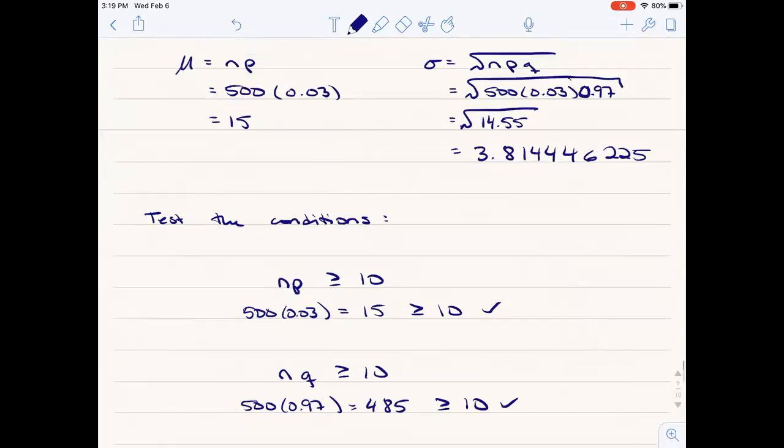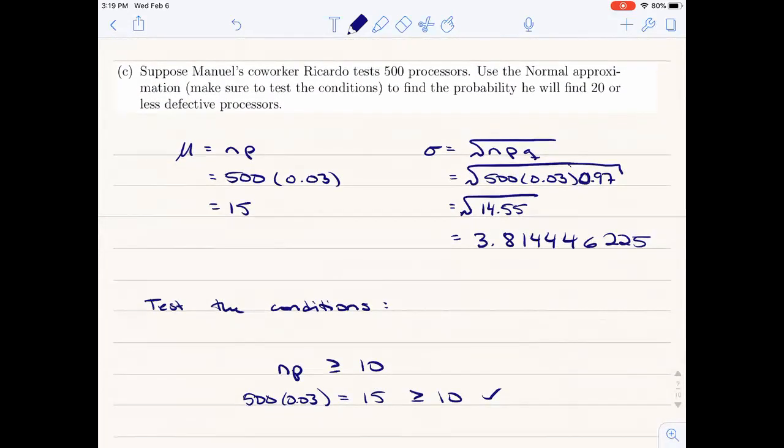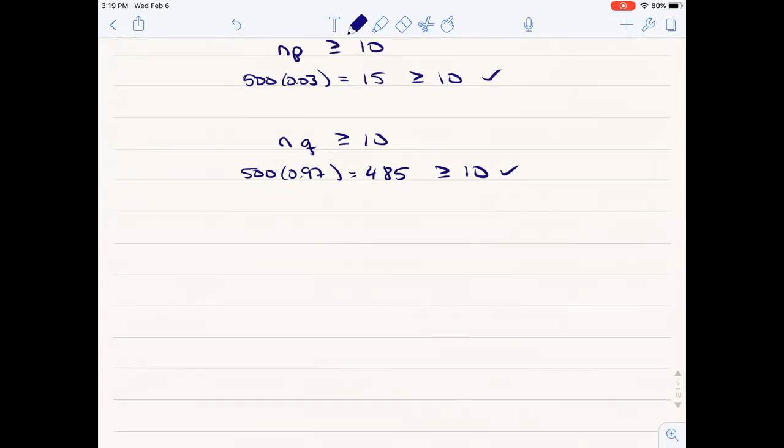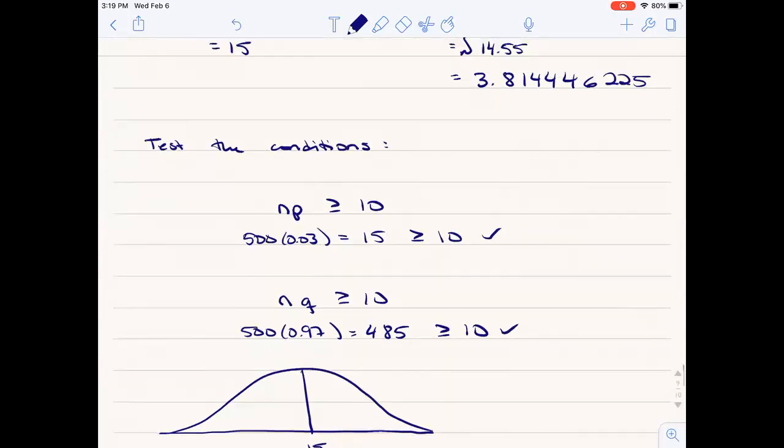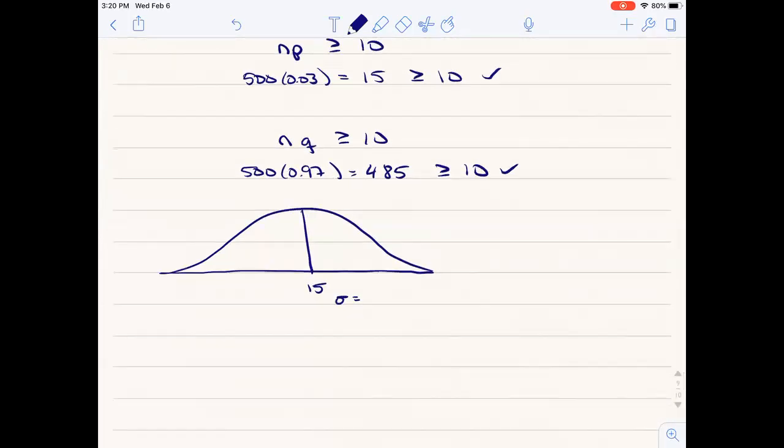So now, use the normal approximation to find the probability he will find 20 or less defective processors. Because these conditions check out, we can use a normal approximation, centered on 15, and sigma is 3.814, let's say.